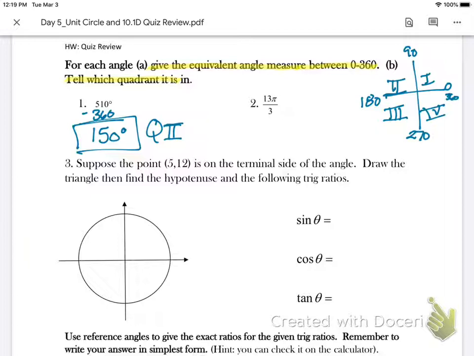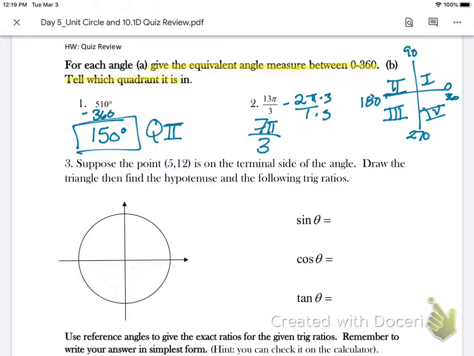13 pi over 3. Now, since it's in radians already, I can just subtract 2 pi, right? And that's 2 pi over 1. Well, in order to subtract fractions, they have to have a common denominator, right? So this would have to end up being multiply by 3 and 3. It would be 3 is the denominator, and then 13 pi minus 6 pi is 7 pi.